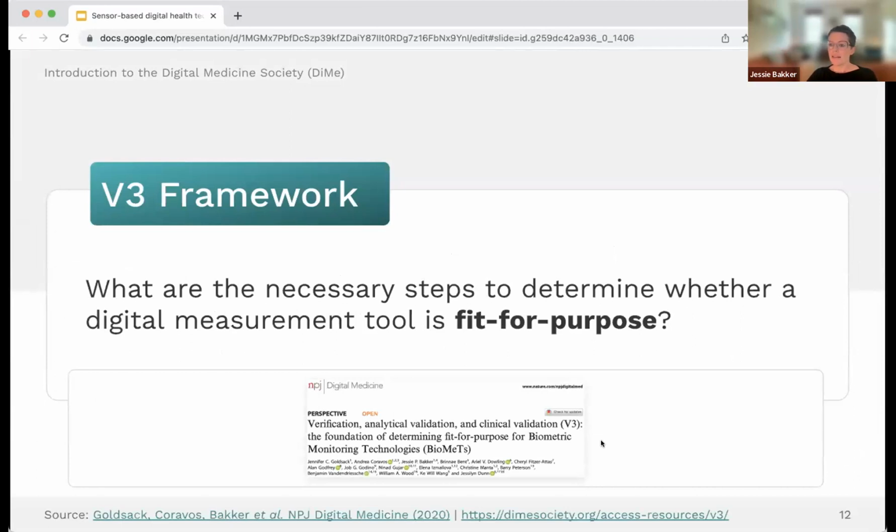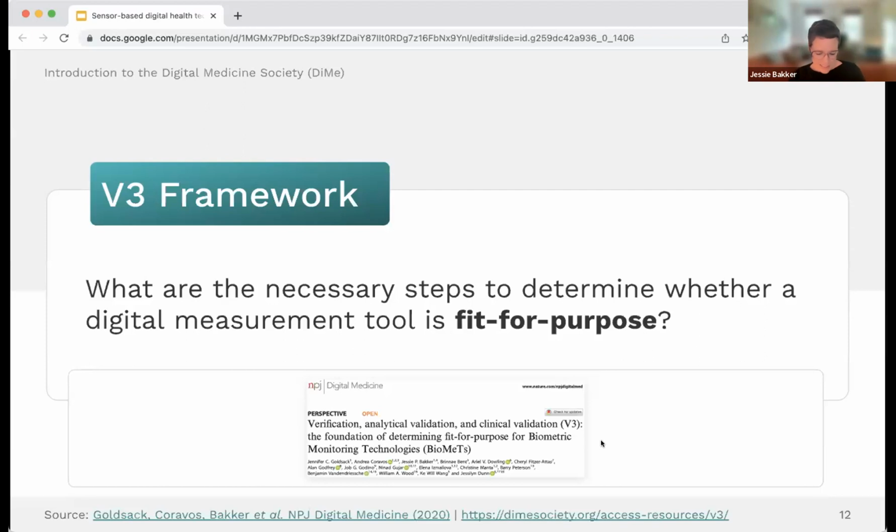So V3 is a generic assessment framework, and it guides the reader or the user through the necessary steps to determine whether a particular digital measurement tool is fit for purpose. And we use that term fit for purpose intentionally, recognizing that one particular tool may be a fantastic resource for one clinical trial. It doesn't necessarily mean that it is perfect for another clinical trial, which might have a different design and a different patient population.